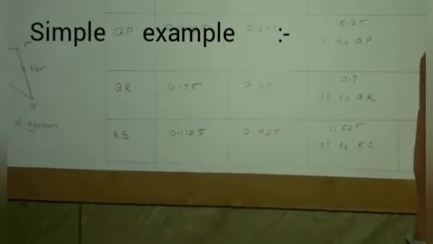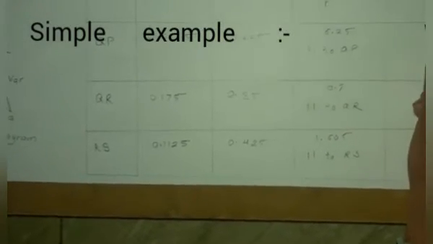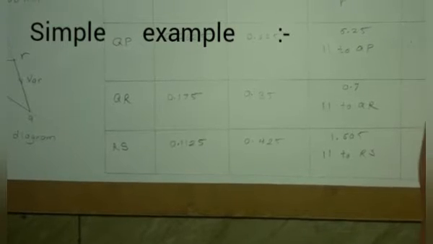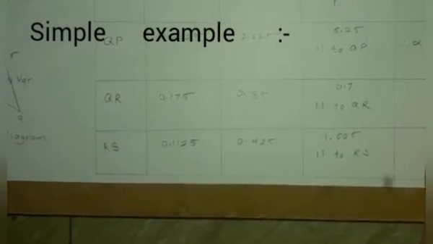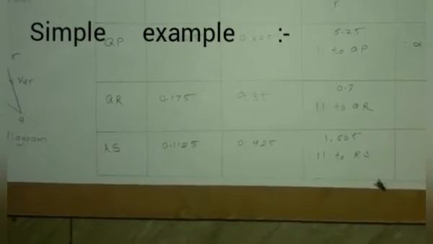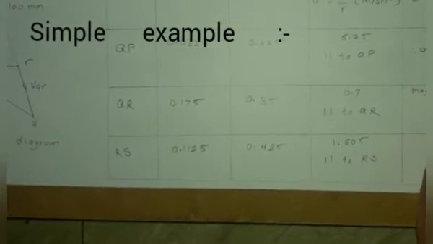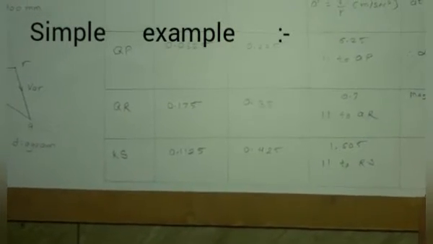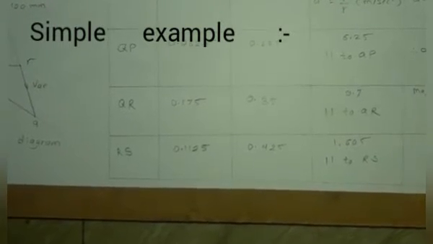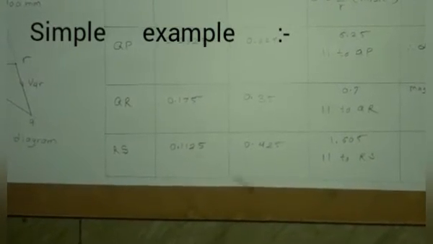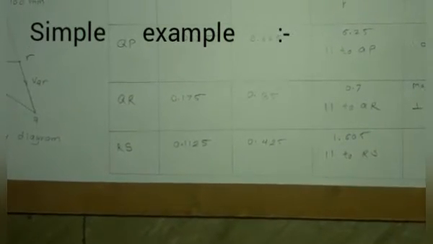Now let's draw the tangential component. For QP, it is 0 because acceleration is 0. Crank is rotating in uniform velocity, so it will be 0. For QR, magnitude is unknown and direction is perpendicular to link QR.